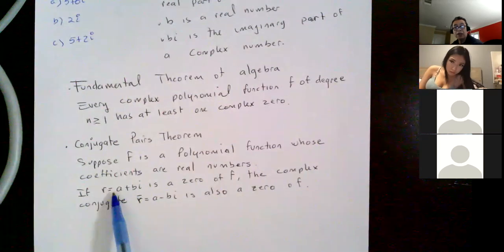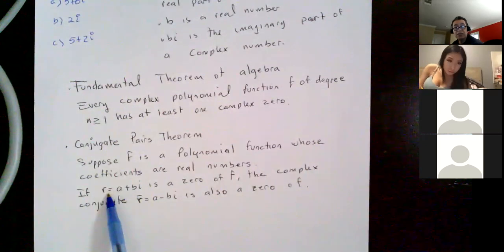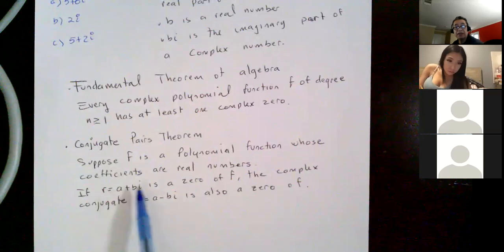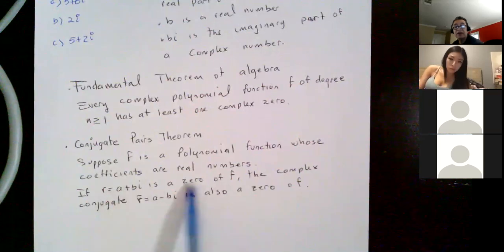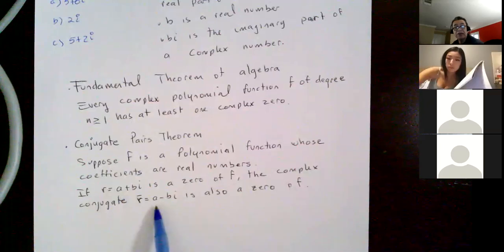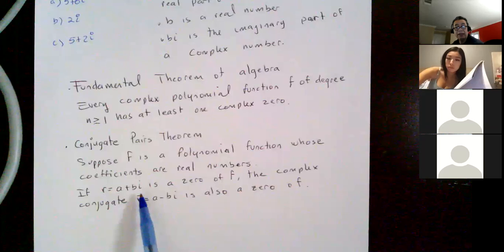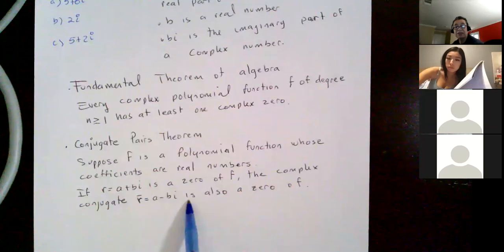If one of the solutions of the polynomial, a plus bi, is a zero of f, the complex conjugate, r-bar, equal to a minus bi, is also a zero of f.